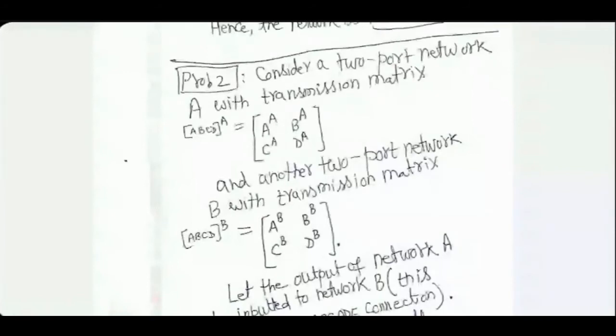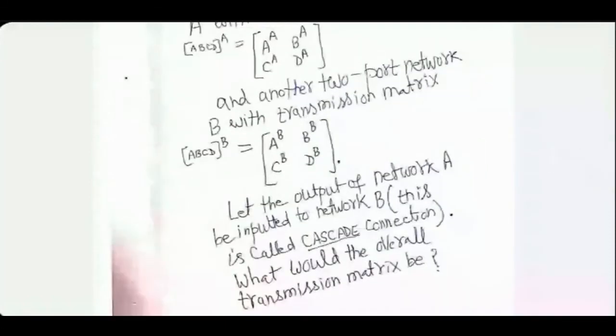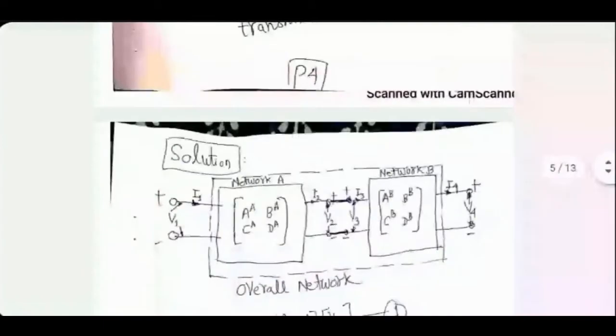And similarly for the second network, I'm putting superscript B on the ABCD parameters. That's how I'm distinguishing the two sets. Now let the output of network A be inputted to network B. This is called cascade connection. What will be the overall transmission matrix? This is how the diagram looks.